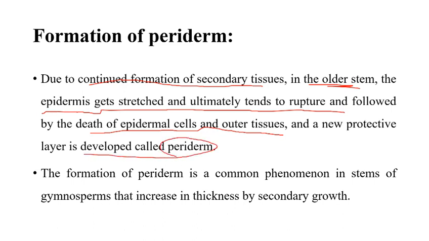So during secondary growth, the primary outer layer or epidermis gets degraded or ruptured and leads to death, and a new protective layer is formed in the place of the primary epidermal layer. The formation of periderm is a common phenomenon in stems of gymnosperms that increase in thickness by secondary growth.